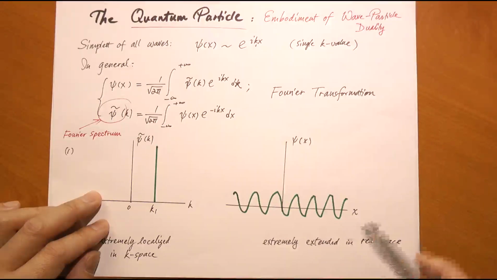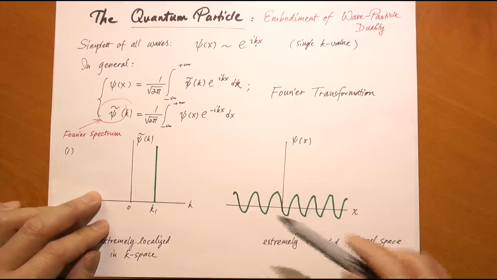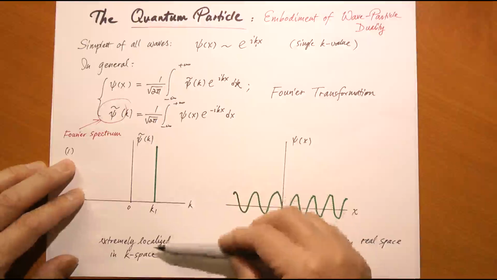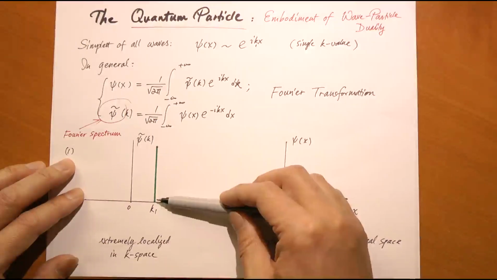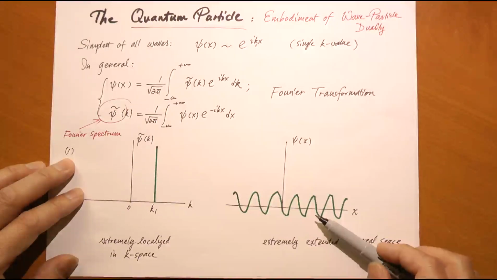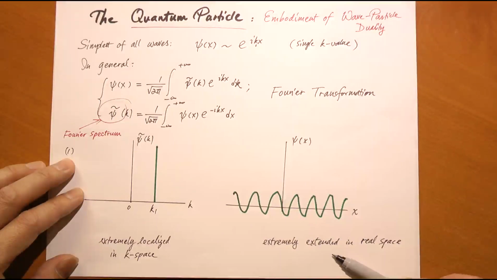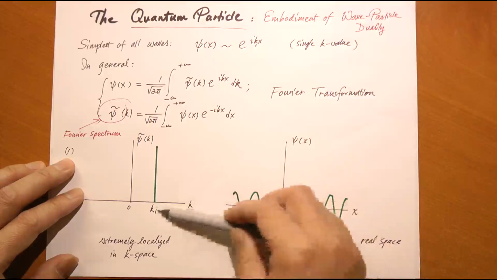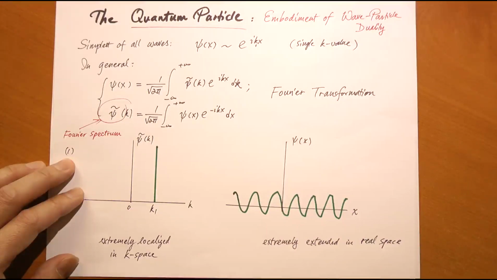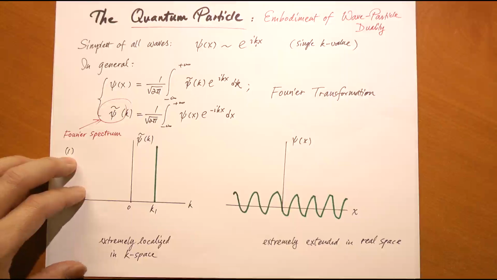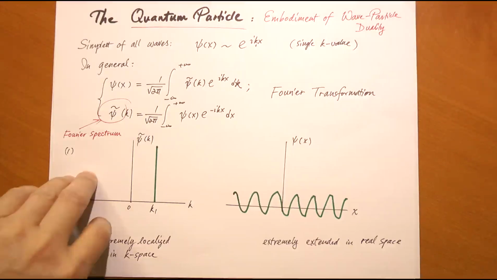And in this extreme example, you find that the wave is extremely localized or concentrated in k space, yet it is extremely delocalized because it goes to positive and negative infinity in real space. So you see the stark contrast between these two cases. So this is our first example of how we can construct a wave from a simple harmonic component, using only, in this case, one simple harmonic component.